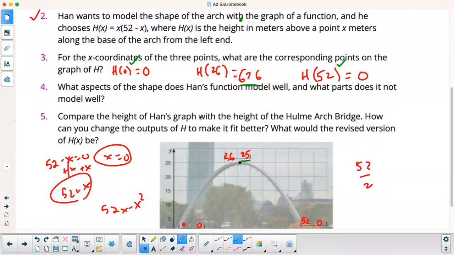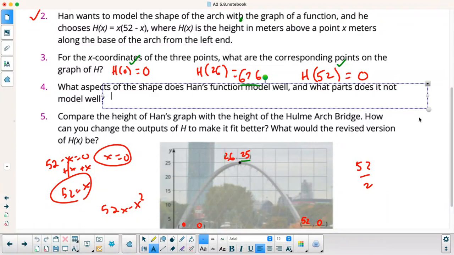So what did he do well? Obviously, he got the direction of the parabola, opening down. Even before that, I would say he got the general shape correct, which is a parabola.